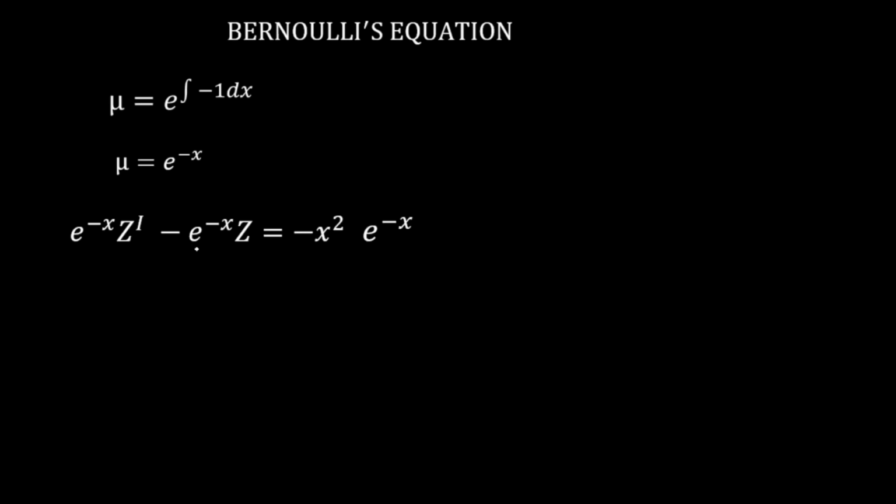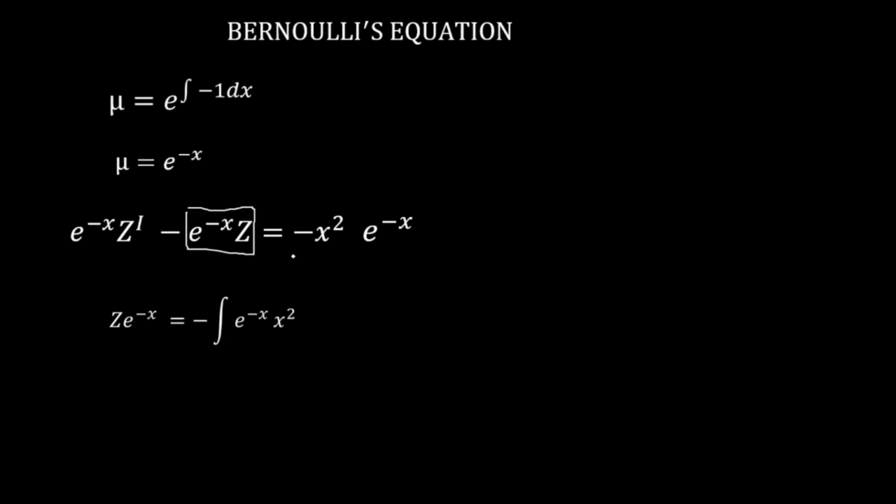When you are done with that, note this trick. You're going to take this side and equate it to this. After, you integrate this side, leaving this side. So when you do that correctly, we have z e exponent -x is equal to negative the integral.